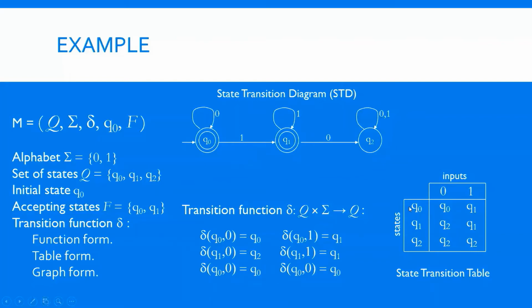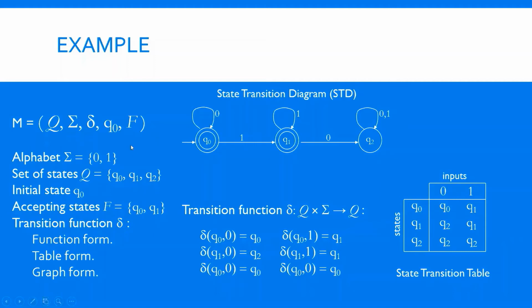So it says you take states versus symbols or inputs. How many states have I taken? 3 states, Q0, Q1, Q2, and symbols are 0, 1. Q0 reading 0, it says go to Q0, so you write Q0.